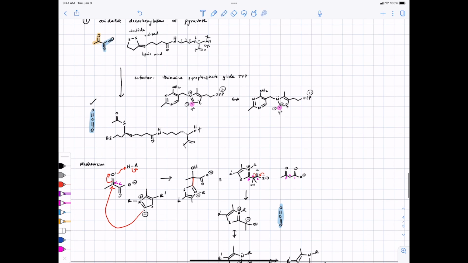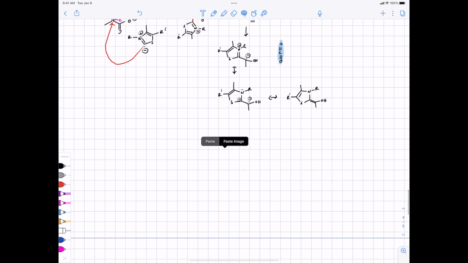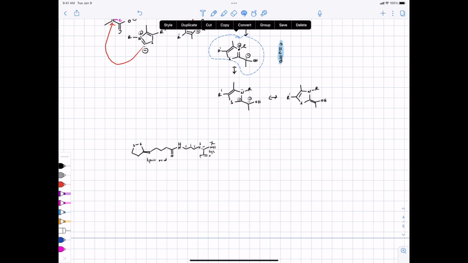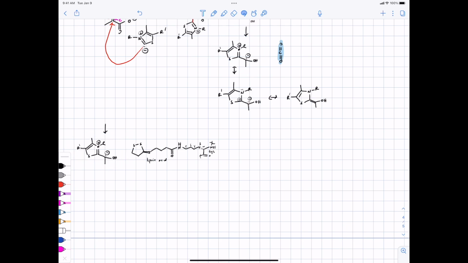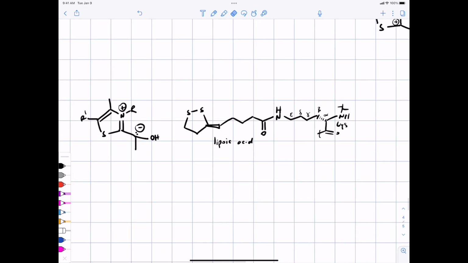Where does the lipoic acid come in? I'm going to bring that in at this stage. And I'm going to copy this resonance structure of our thiamine leaving group. Negative charge on what used to be our alpha carbon, it's still nucleophilic.